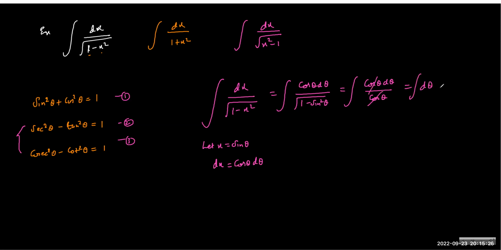Can we integrate d theta? Integration of d theta will be just theta. So can we find theta from here? What is theta, guys? Tell me. Theta is sine inverse x. Exactly. And that is the answer.